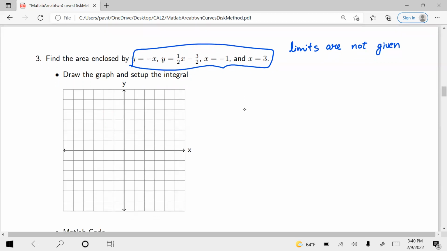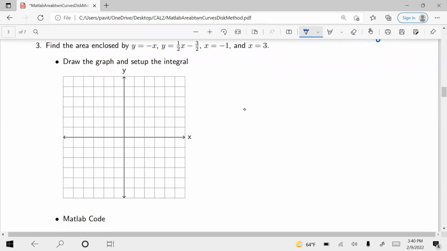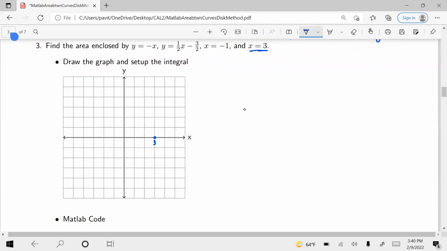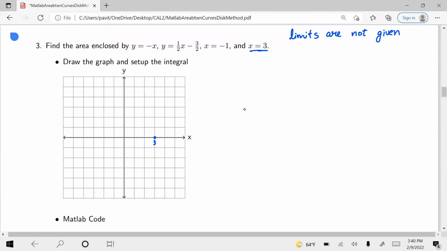Okay, how can we do this? Let me start from here. x equal to 3. Where is that? 0, 1, 2, 3, right? x is 3. Now, x equal to 1, and then x equal to -1, which is here. Agree?